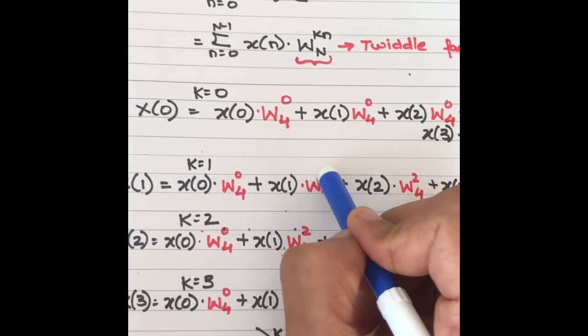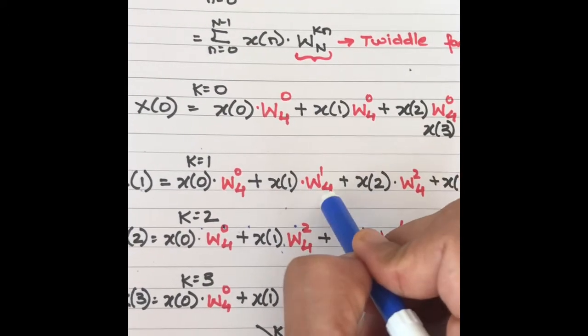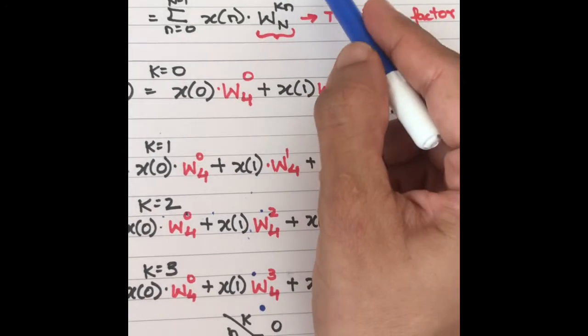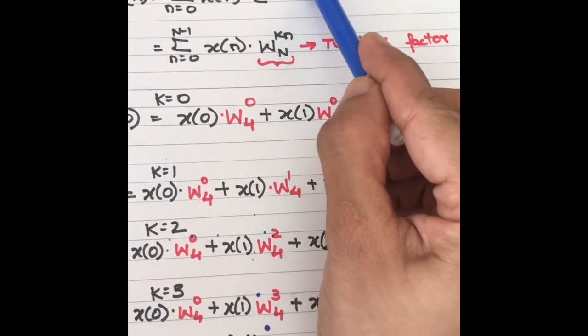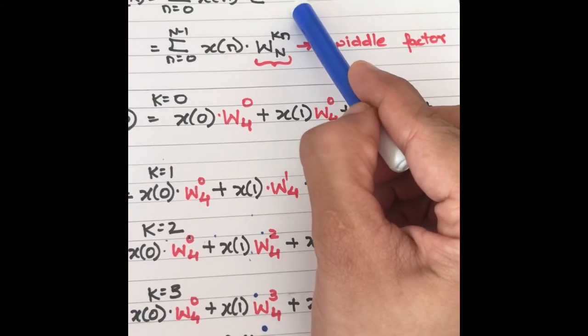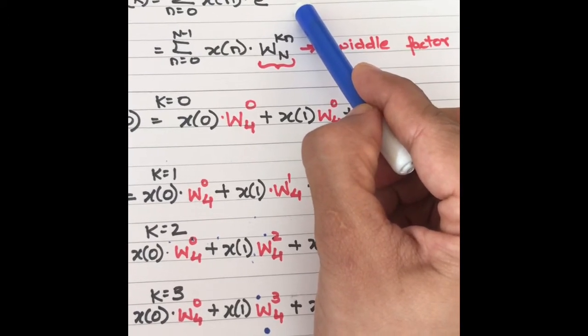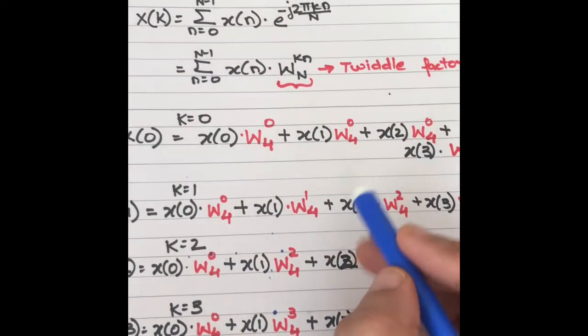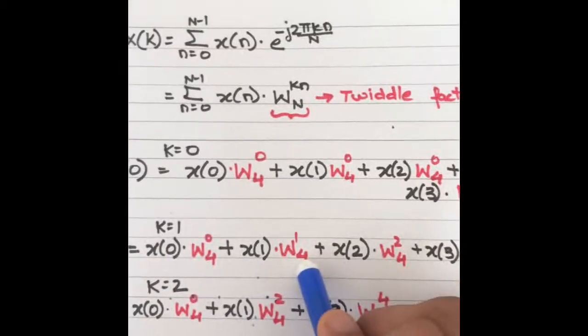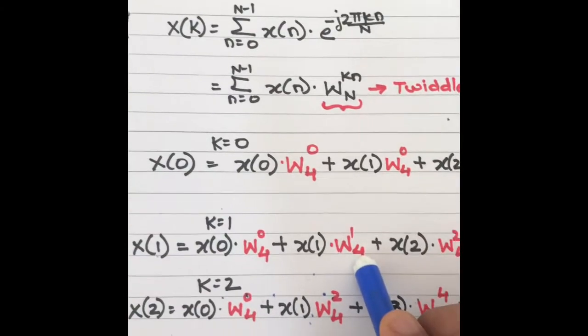So k into n becomes 1 by the base 4. Now here, as you can see, there are just two variables, k and n. Capital N is constant at 4, right? So we just have to look for the values of small n and k.